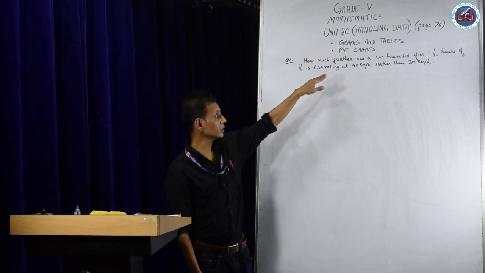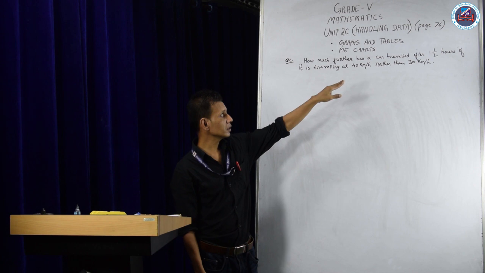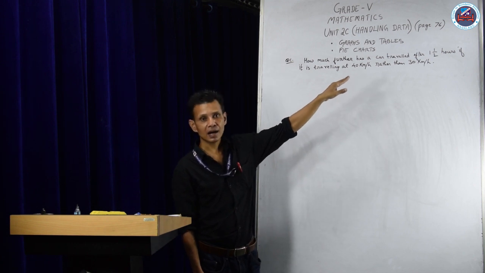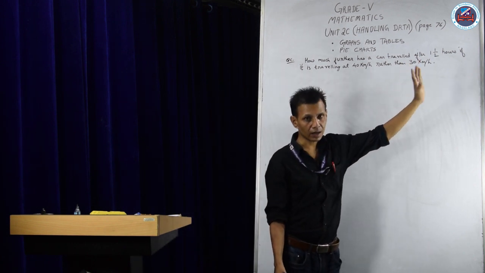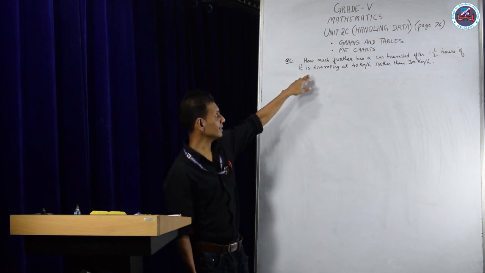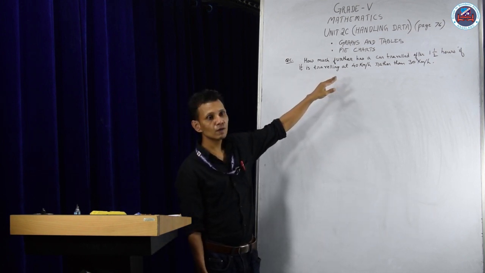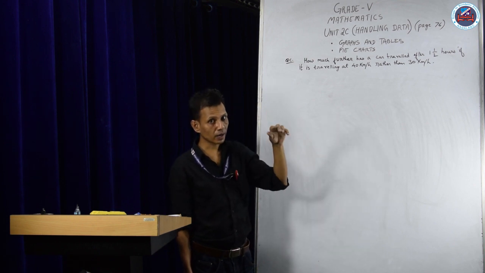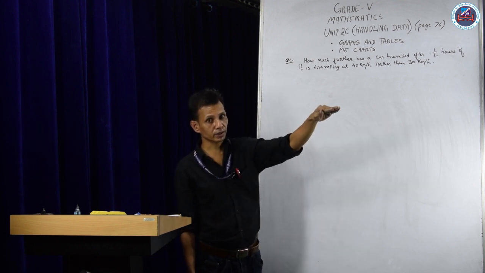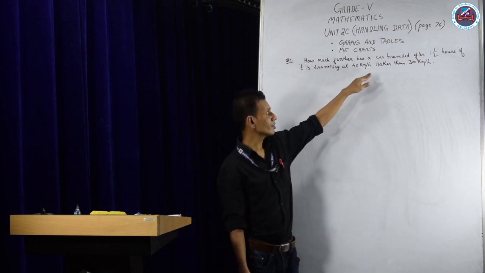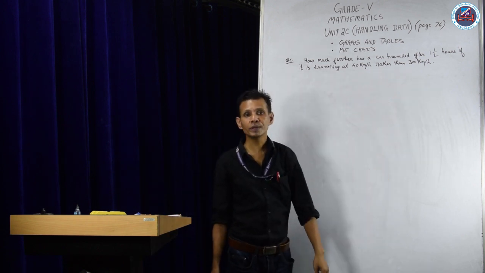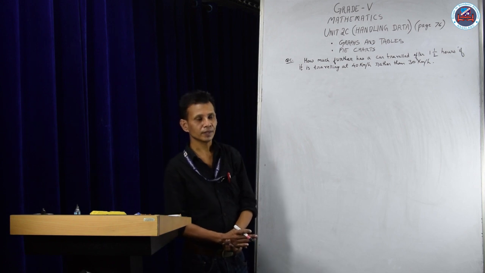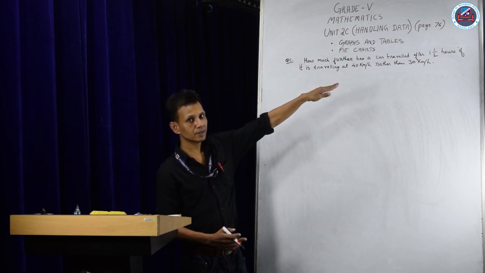How much further has a car traveled after 1.5 hours? This is 1.5 hours, okay? If it is traveling at 40 kilometers per hour, that means in 1 hour the car is covering 40 kilometers, okay? Rather than 30 kilometers per hour. Now, time is same.